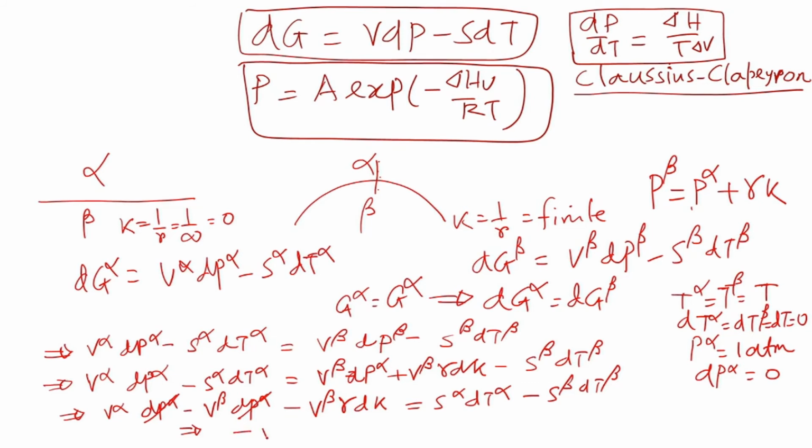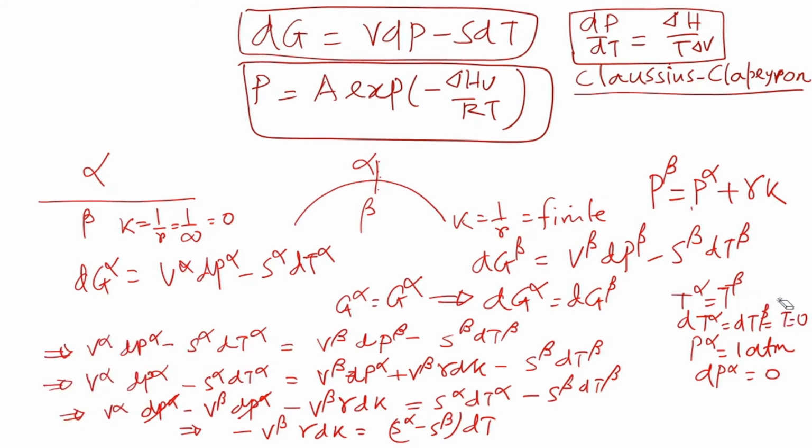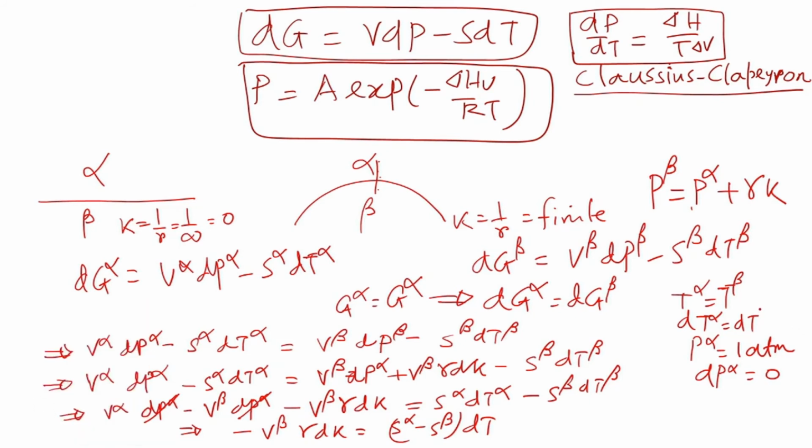So it becomes minus V beta gamma d kappa is equal to S alpha minus S beta dT. Correct, right? Okay, I think there is some mistake. This should be this. It is not 0, but they are the same.